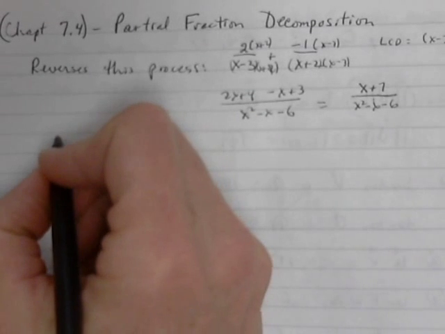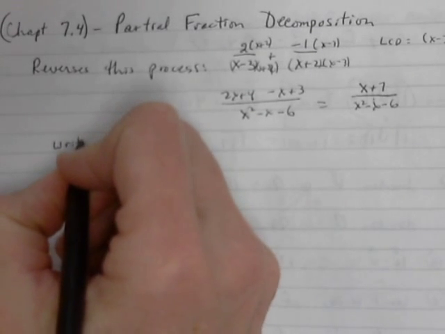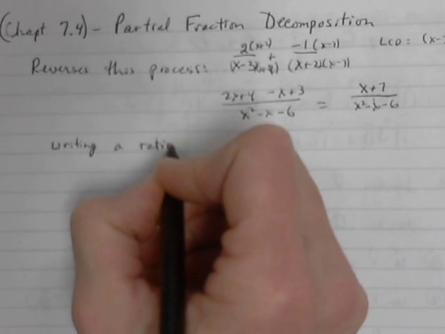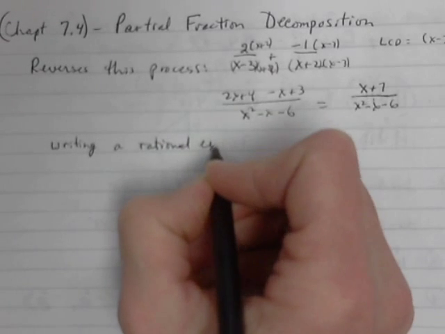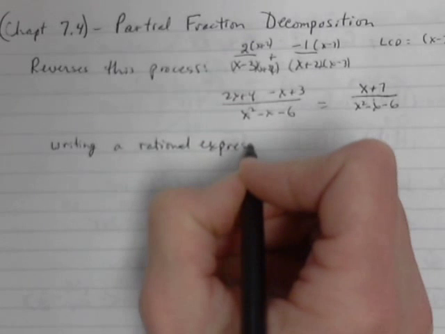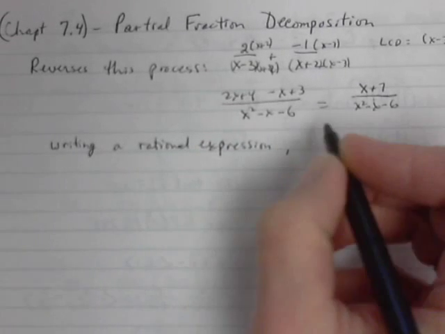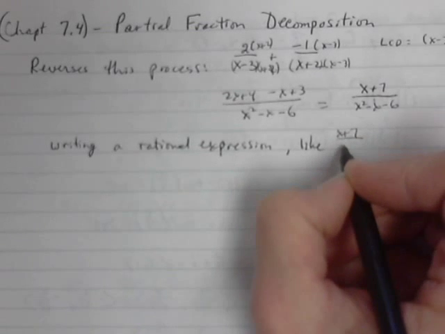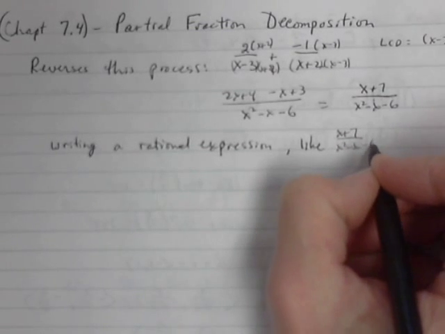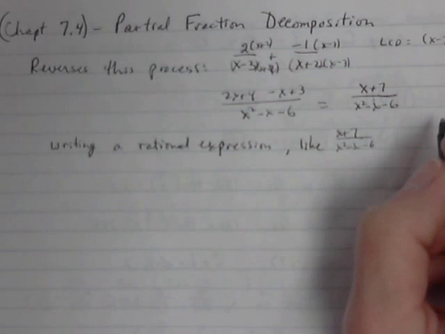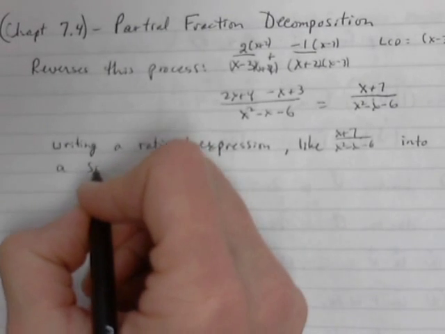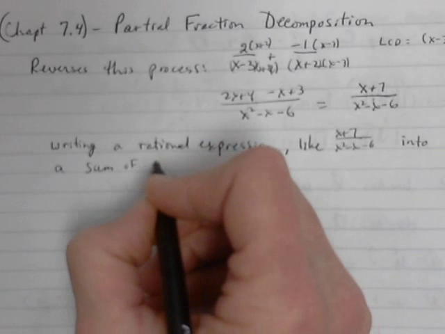All right, so what we are doing is writing a rational expression like x plus 7 over x squared minus x minus 6 into the sum of simpler fractions.